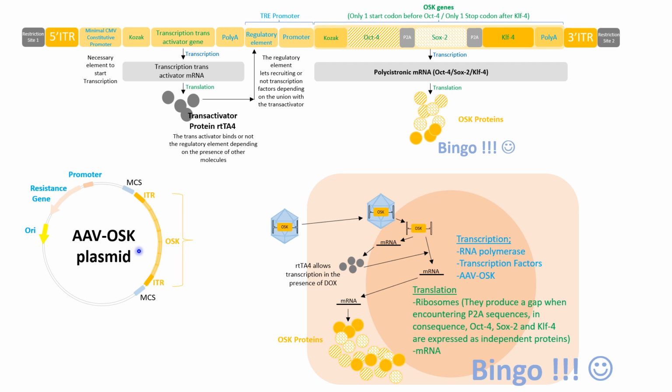So in here, what we are going to do is breaking down the gene of interest sequence. It consists of many other sequences. Okay, so let's go for it. First, what do we see? We see the restriction site 1 and the restriction site 2.